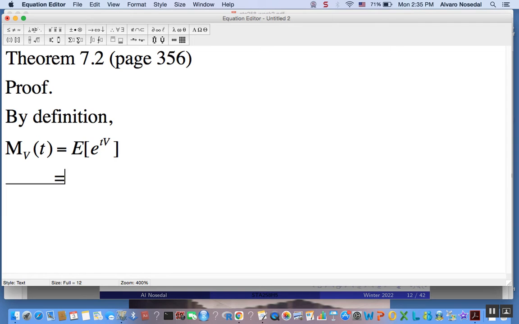So let me plug in here: V stands for Z1 squared plus Z2 squared and so on, dot dot dot, we have n of them, n standard normals that we squared. Make sense?